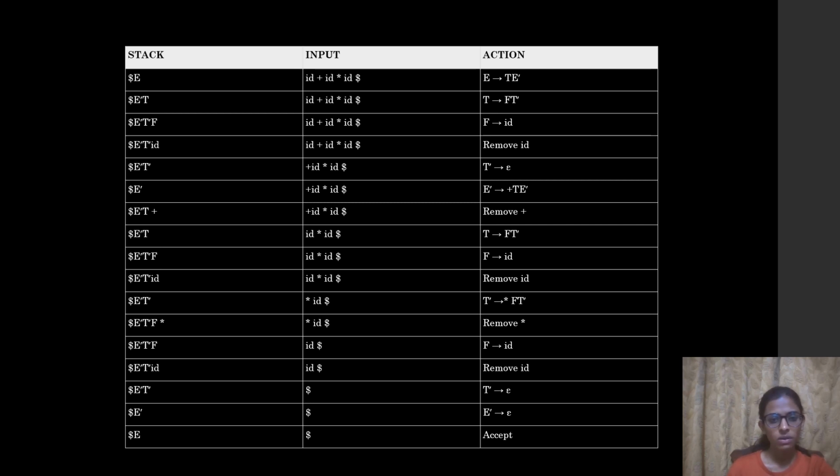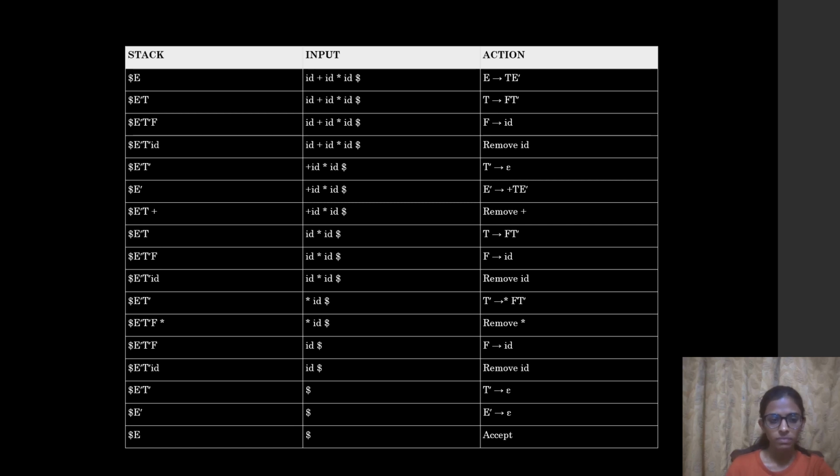Place it in reverse order. We remove plus, as we already have plus in the input. After removing the plus, we deal with T and id. So T gives FT'. Place it in reverse order. We get this input, and F gives id. Place it in reverse order, and we remove id as it is in the input.